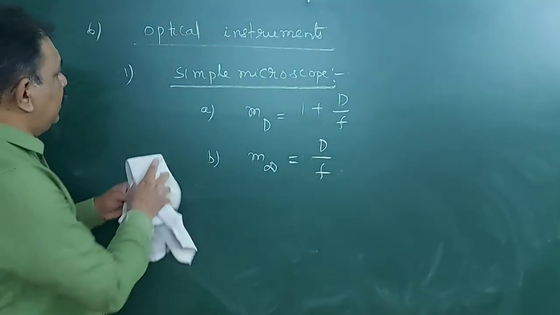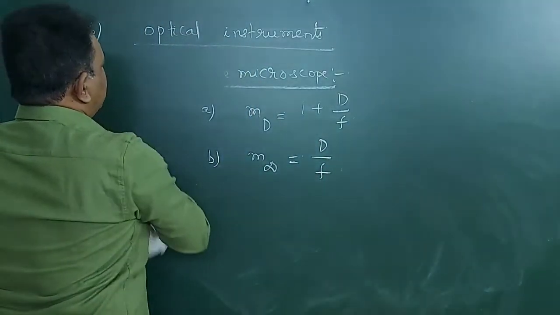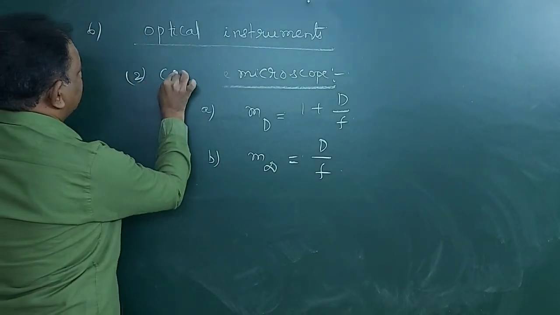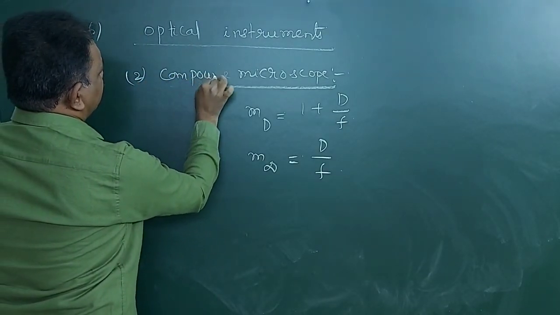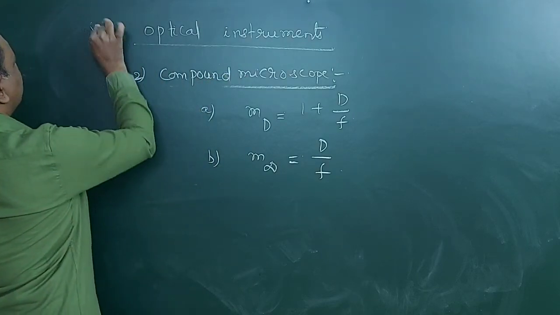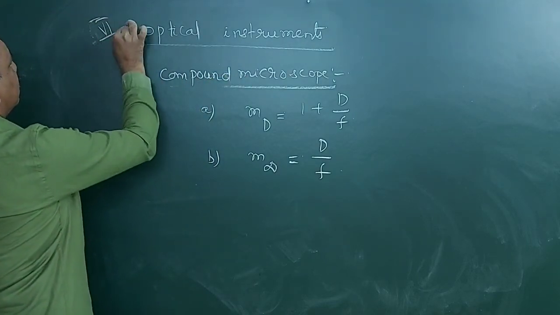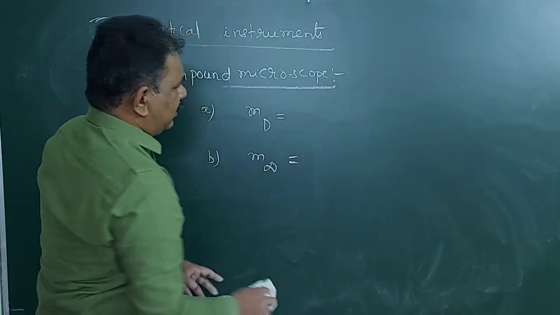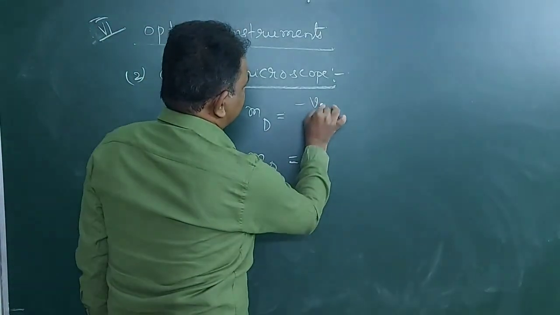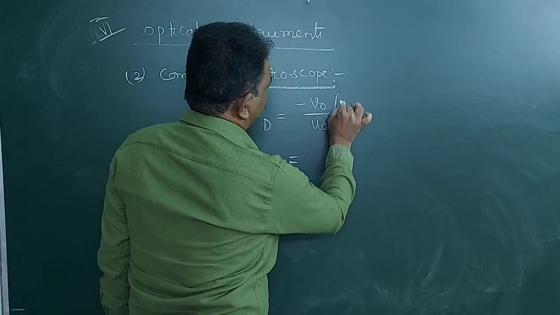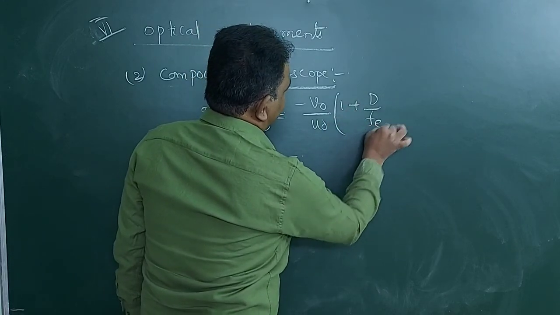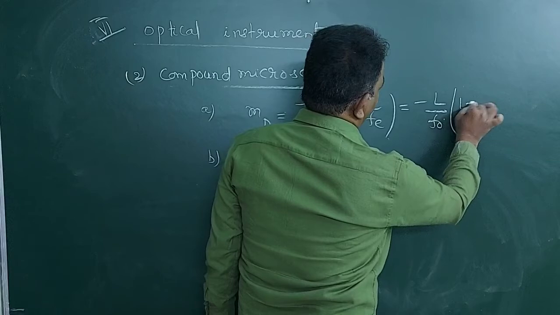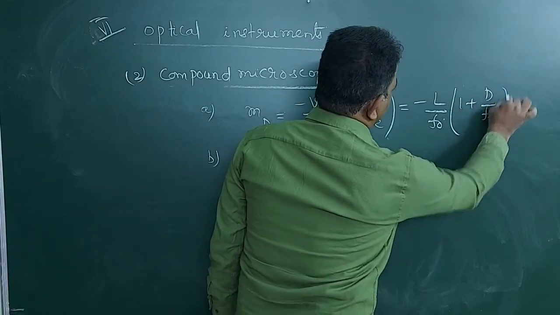Next, if you take compound microscope, when image is formed at the near point, minus VO by UO into 1 plus D by FE, so minus L by FO into 1 plus D by FE.